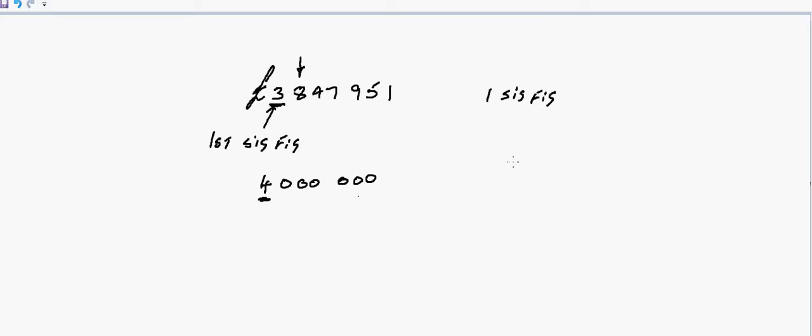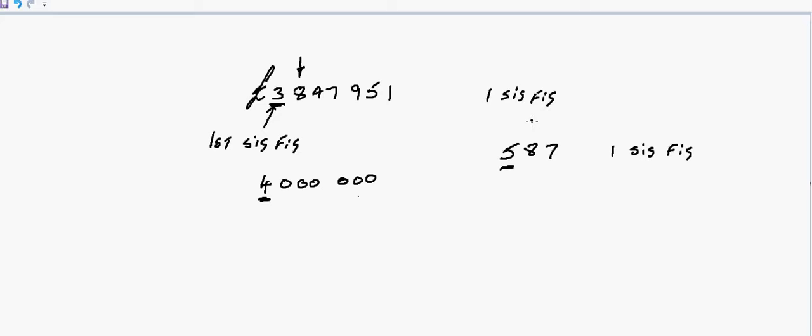Okay, so let's do it with smaller numbers. So let's say we've got 587. And they say, what's that to one significant figure? So there's our one significant figure, the very first number.